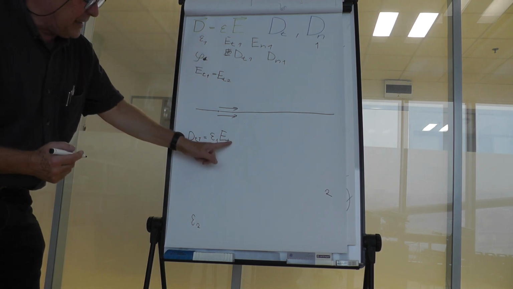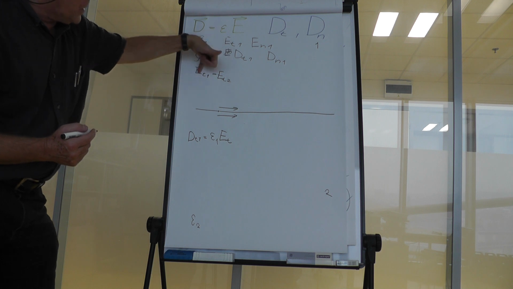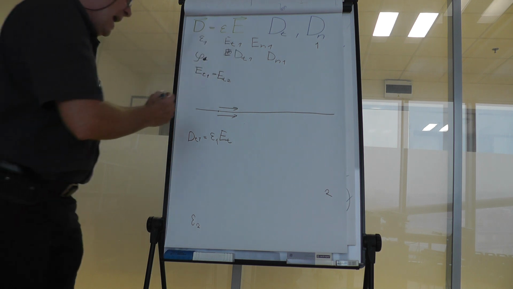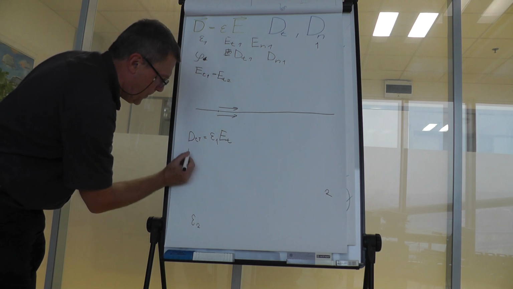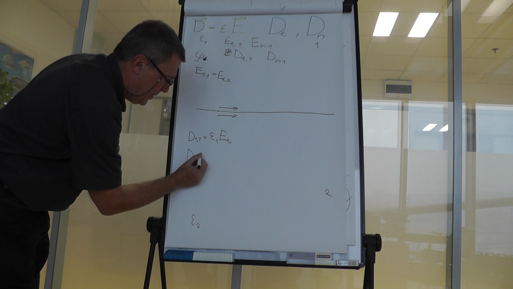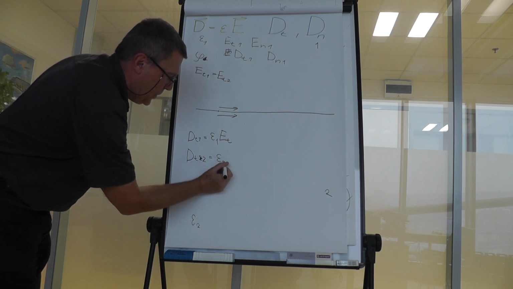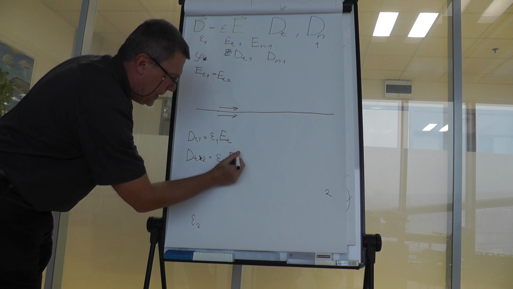I do not put index here because it is referring to the same value. And D tangential 2 is equivalent to epsilon 2 E tangential.